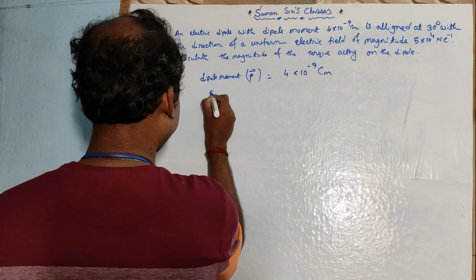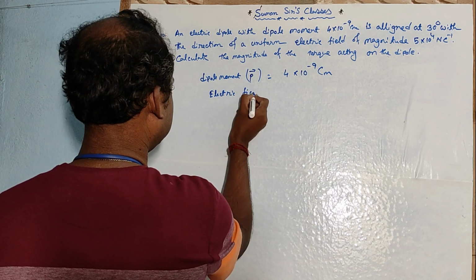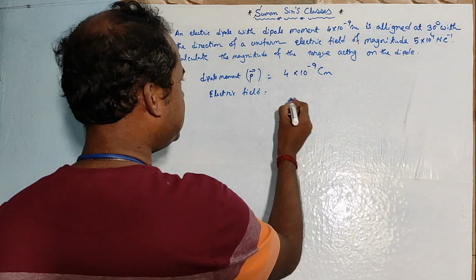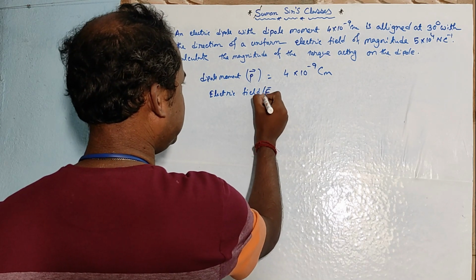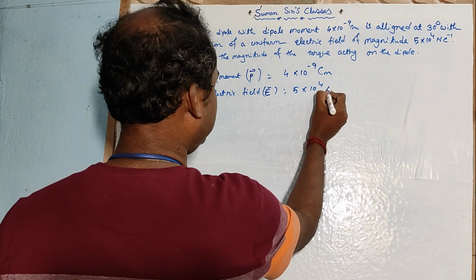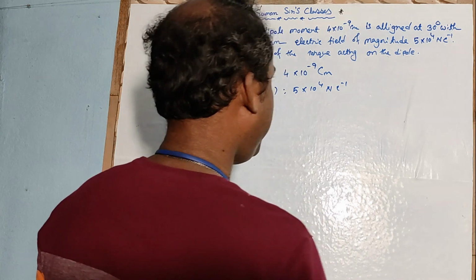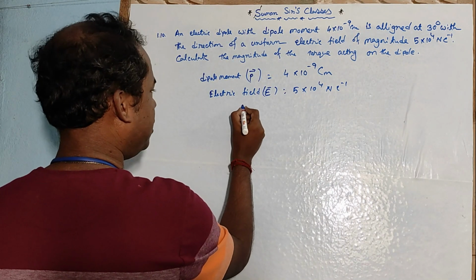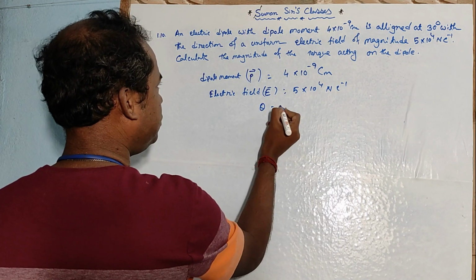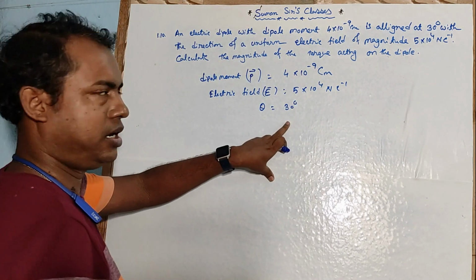The electric field E is 5 × 10 to the power 4 Newton Coulomb to the power minus 1. And the next one is the angle, theta equals 30 degree. These three data are given in this problem.